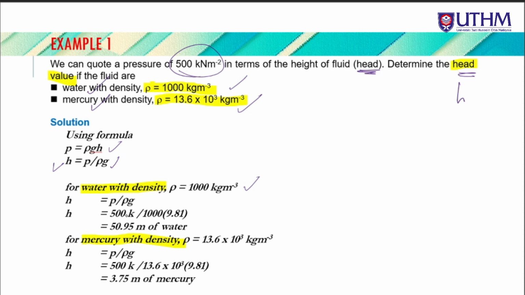Kita tahu the pressure given is 500k, maksudnya 500,000 sebab dia kilonewton per meter square, over 1000 times 9.81, and then the head, if the fluid is water, kita akan dapat 50.95 meter of water. However, if let's say mercury, in which the density is more dense compared to water, when we replace in the equation, kita akan dapat 3.75 meter of mercury.